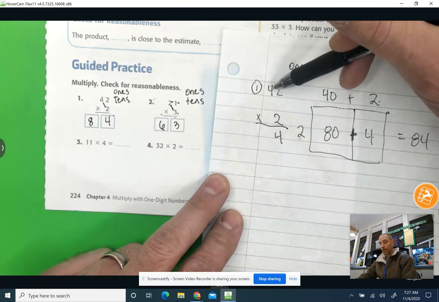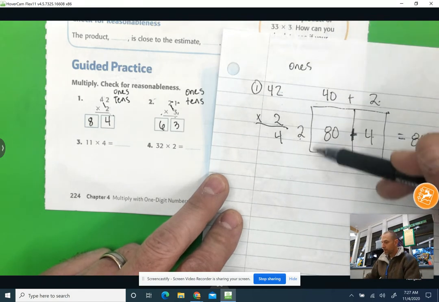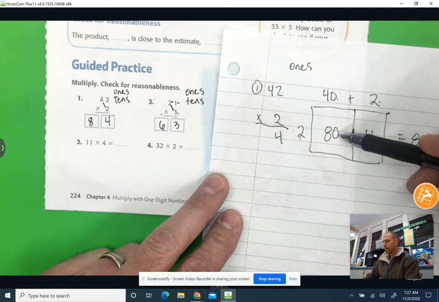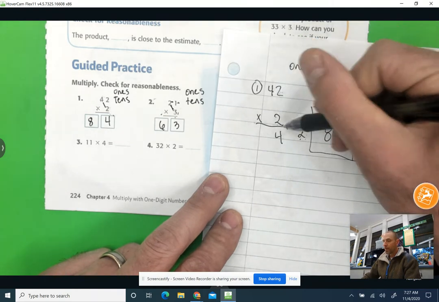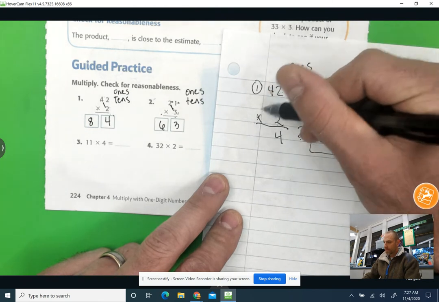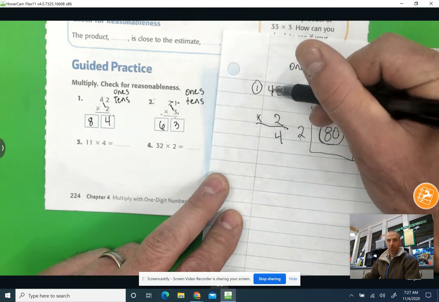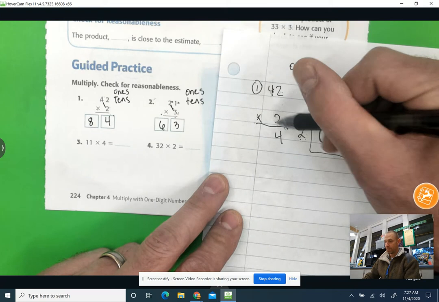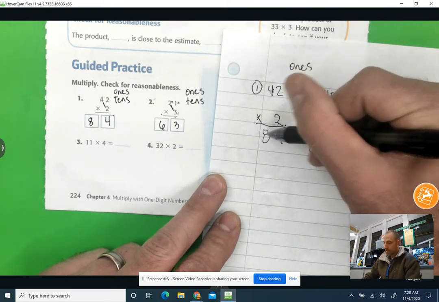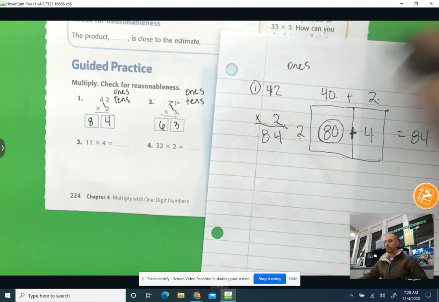But really, in your area model, you're multiplying times the value of that 4. 2 times 40, right? To get your 80. Here, we don't necessarily have to get the number 80. We understand that it's 80 because it's in the tens place. It's 4 tens times 2 ones, right? 4 tens, 40 times 2 is 80. Okay.